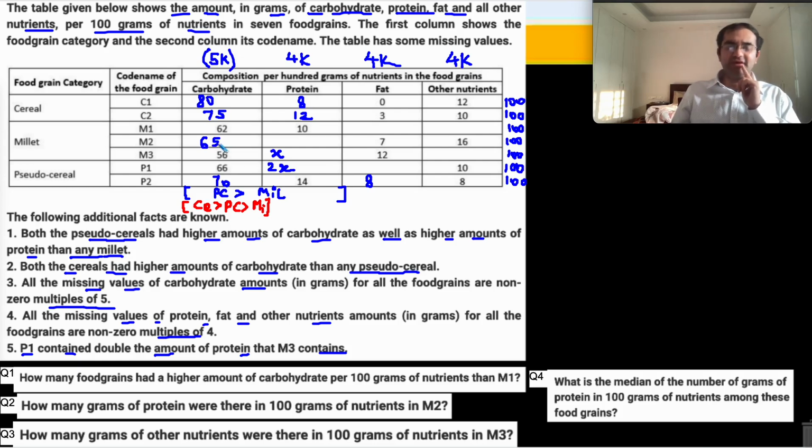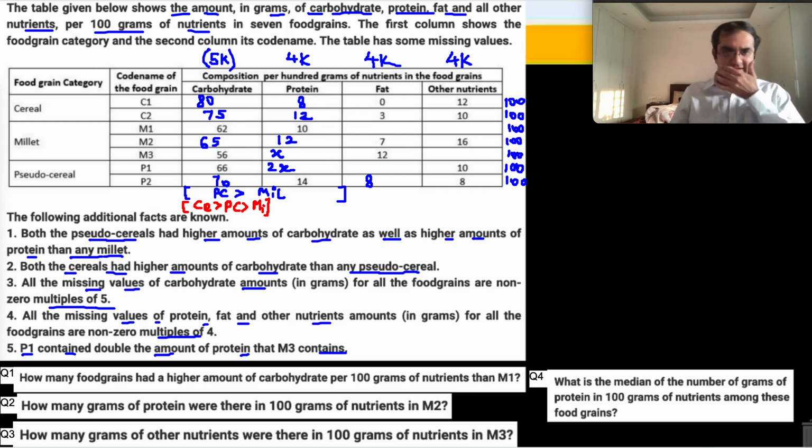Let me try 65. 65 plus 7 is 72 plus 16 is 88. So 12 comes here. Then if I make this 60, this becomes 7. 7 is not a multiple of 4. 55 would make it 2. 2 is not a multiple of 4. So this is the only possible value. 65 and 12. This also got marked.